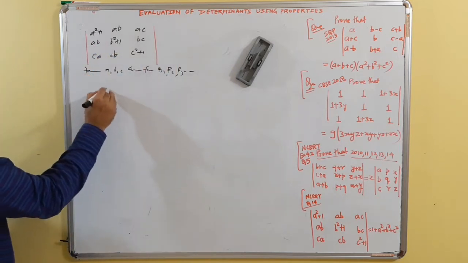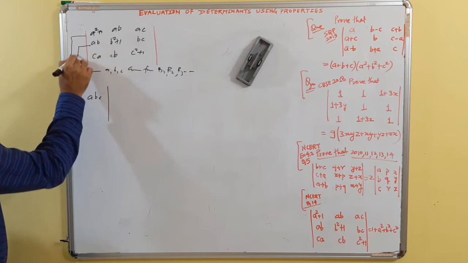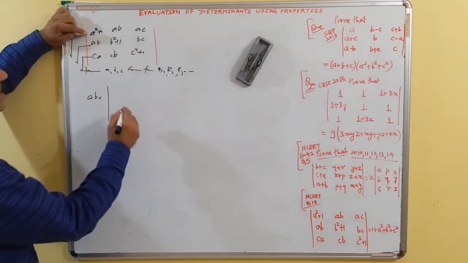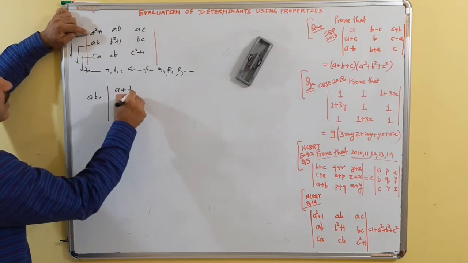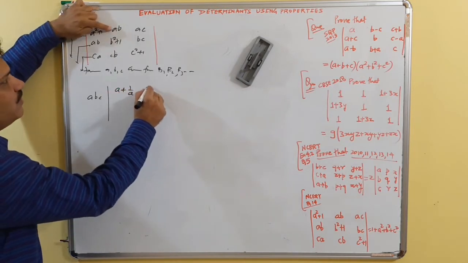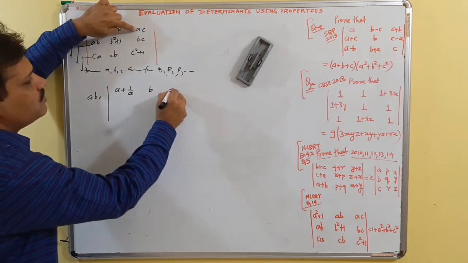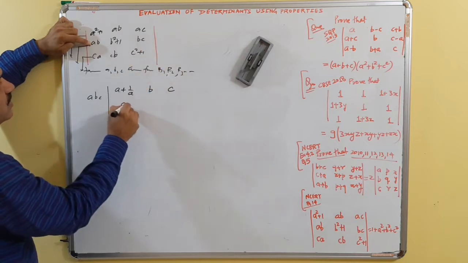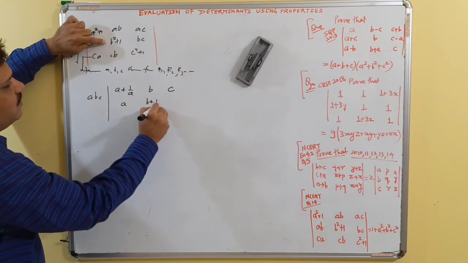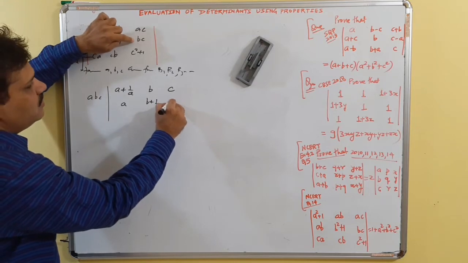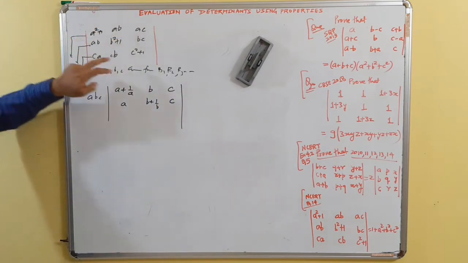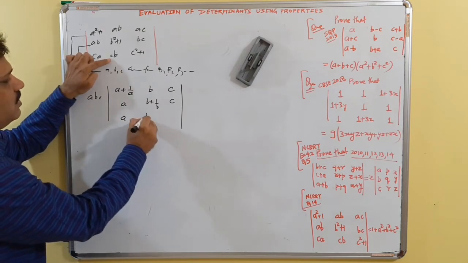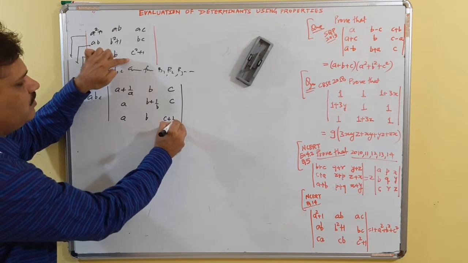If you take A common from row 1, from here if I take A common, what I get is A plus 1 by A. A is common, if we divide AB by A, we get B. A is common, so it is C. B is common from this, that is, divide all the terms by B, so this is A, this is B plus 1 by B, and this is C. Now C is common, so it will give me A, this will give me B, and this will give me C plus 1 by C.